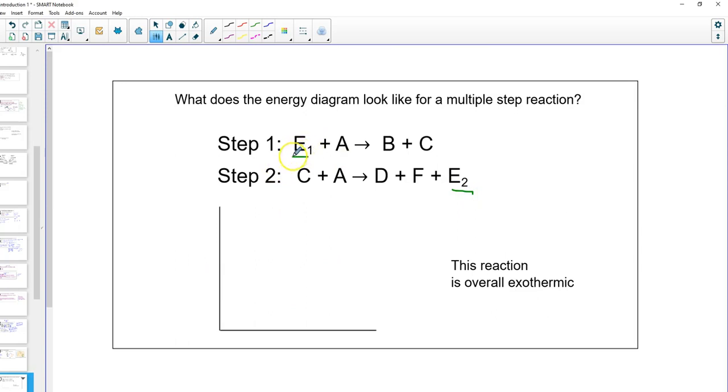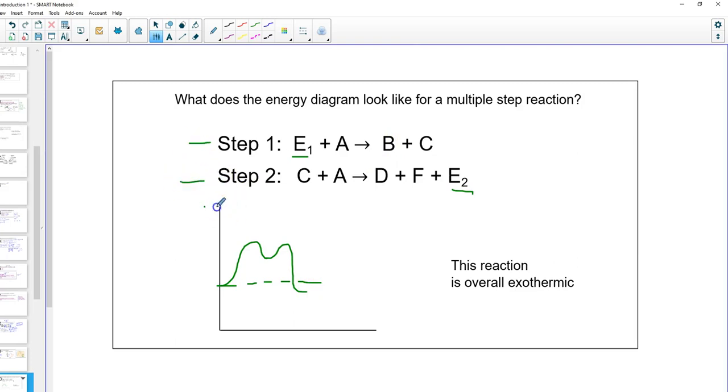And this means energy in is endothermic, so I want to start low and end high for my first bump. That's endothermic. Next one's exothermic. So again, I don't know how high it goes, but I do know that it ends like this. Okay. My overall reaction is exothermic, and I do have a slight exothermicness here. It's dropping.